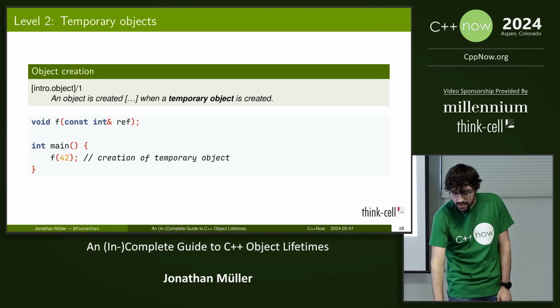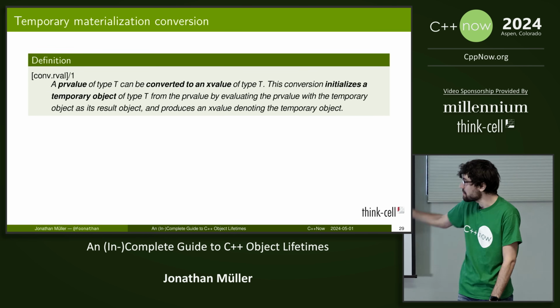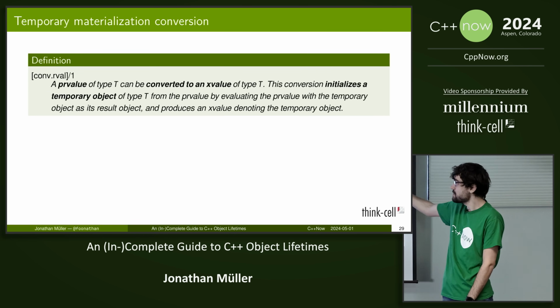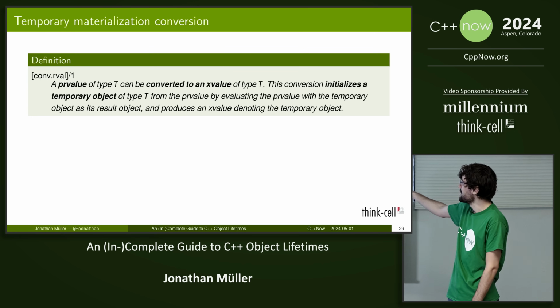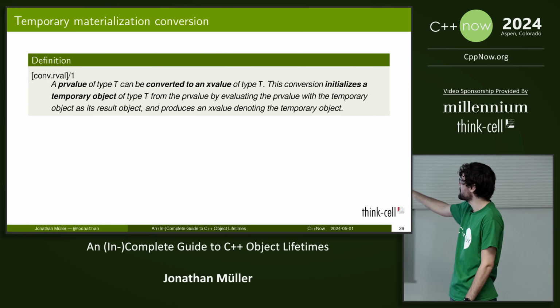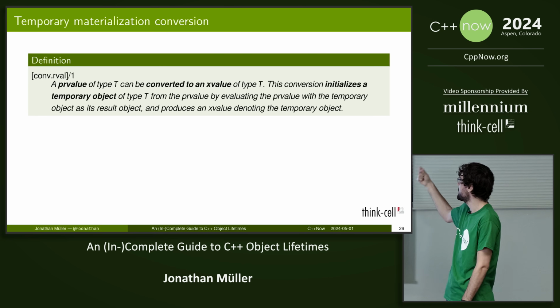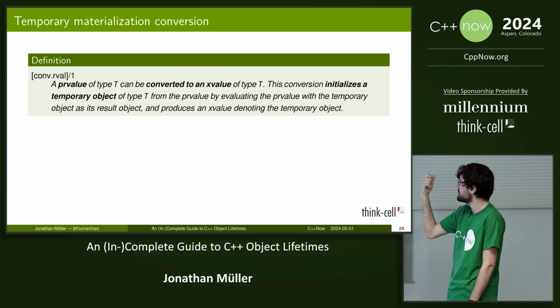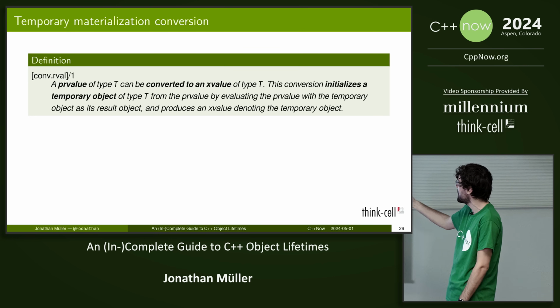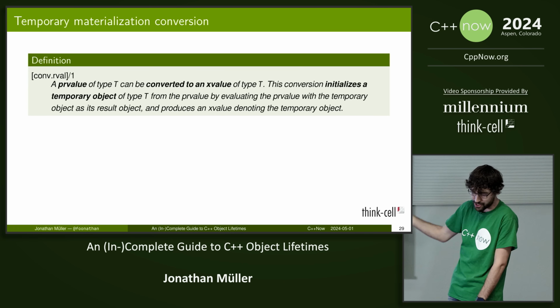The technical term for this is temporary materialization conversion, which is a great phrase for Hangman. And the description for it is like somebody was trying to hit the word count. A PR value of type T can be converted to an X value of type T. This conversion initializes a temporary object of type T from the PR value by evaluating the PR value with the temporary object as its result object and produces an X value denoting the temporary object.